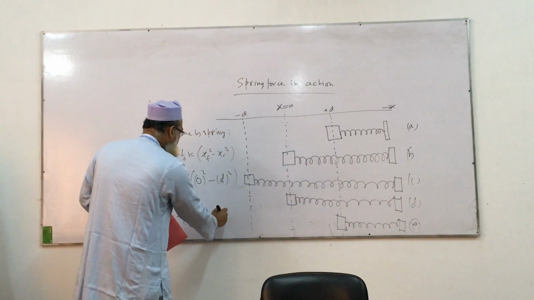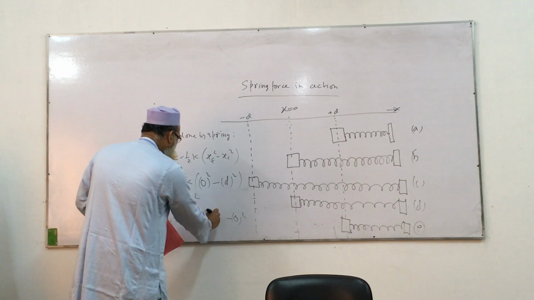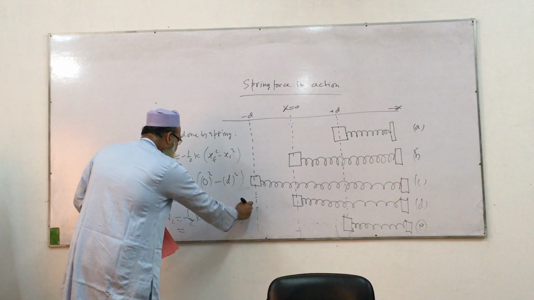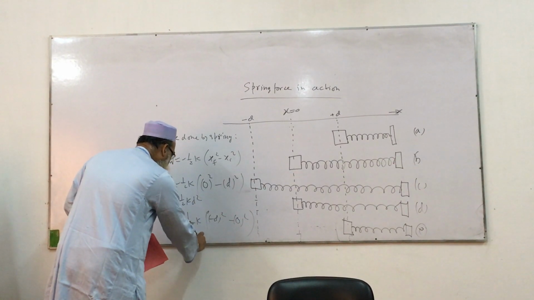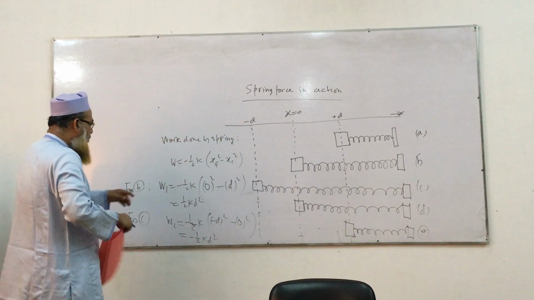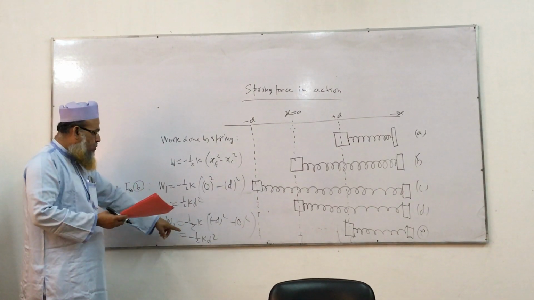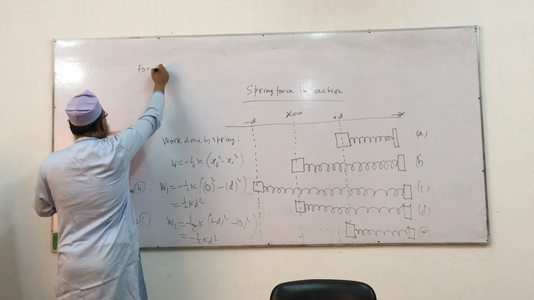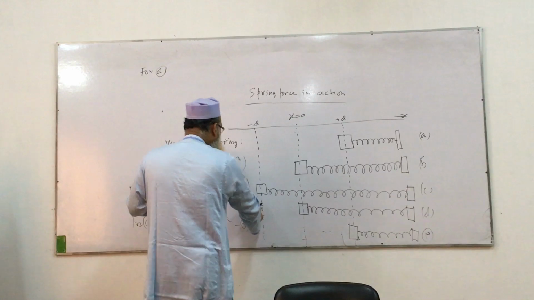So initial position is 0 squared, final position is minus d whole squared. The 0 gives nothing, and you get minus half K d squared. So W1 is half K d squared, W2 is minus half K d squared. For the D figure, what is the initial position?